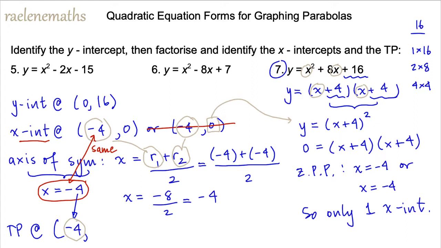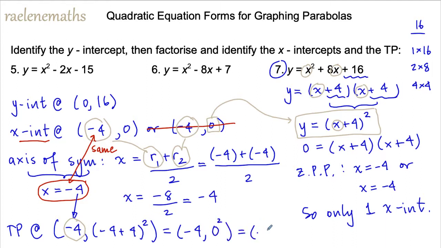So let's just take our x-coordinate and substitute it into the equation. But let's put it into this simplified form, where we have the binomial squared. Substituting x equal to negative 4 gives us (negative 4 plus 4) squared. And then we get 0 squared, which is 0. So we end up getting a turning point at (-4, 0).